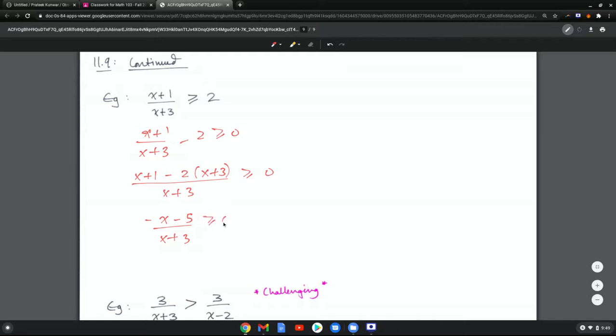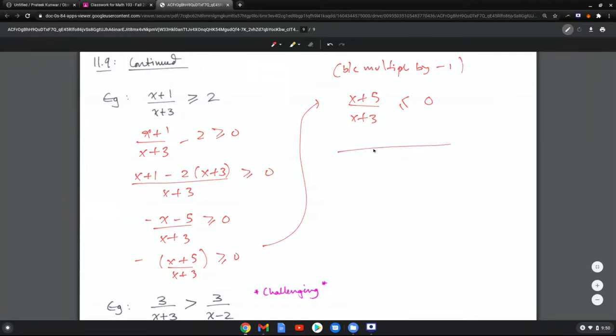Now again, a little bit of something that we learned before, which is I can make all of this positive. When you multiply an inequality by a negative sign, you have to flip the inequality. So now this becomes less than 0, right? Because we multiplied by negative 1.